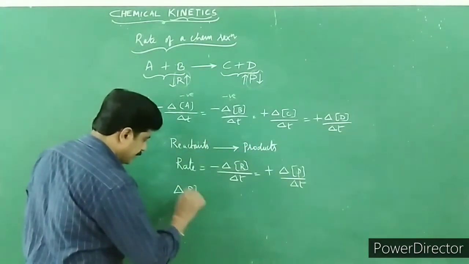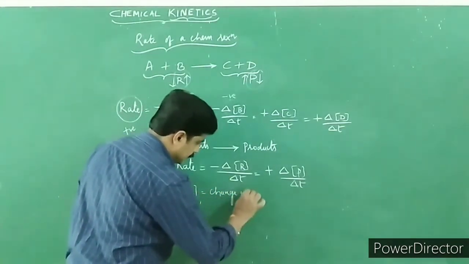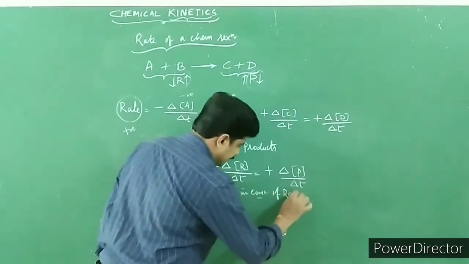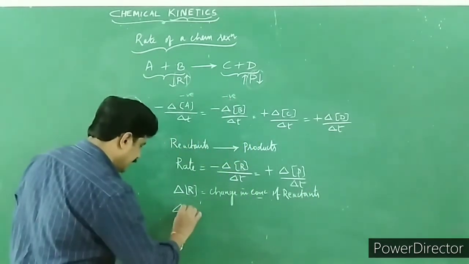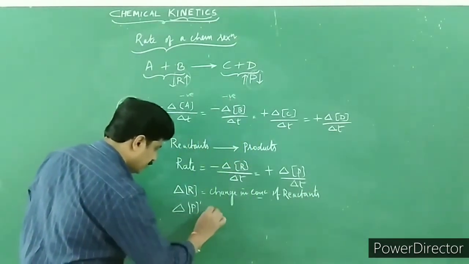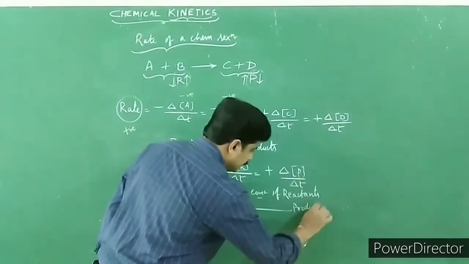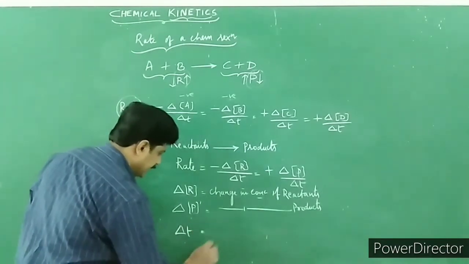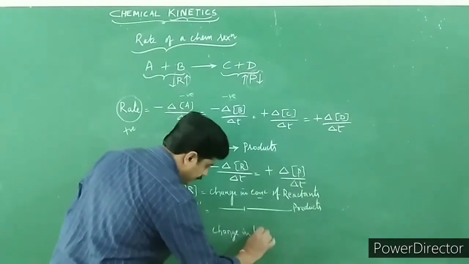Delta R is nothing but change in concentration of reactants, whereas delta P refers to change in concentration of products, and delta T, children, is nothing but change in time.